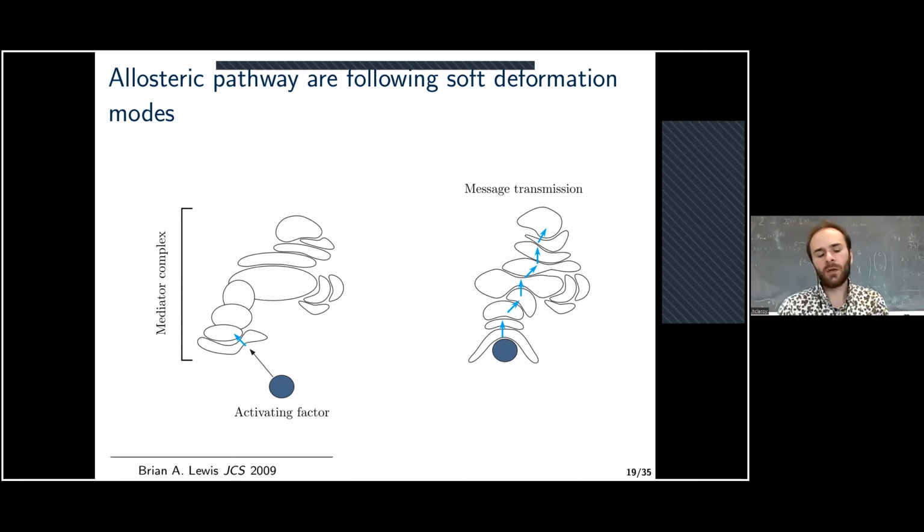And what happens is you can have the binding of an activating factor that will trigger a conformational change that will spread all along the complex and change the conformation of a protein very far from where the activating factor bound before, and will increase the affinity with something else, and thus help regulate some biological process.